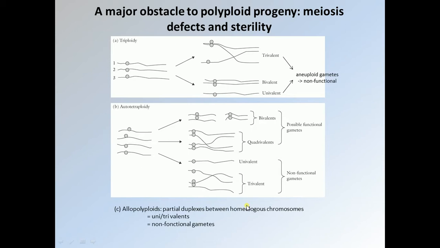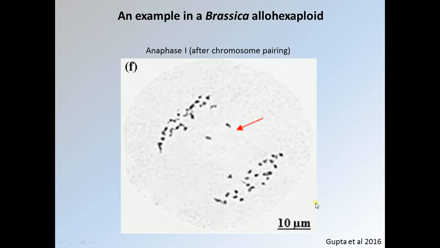The duplex between these homologous chromosomes won't be proper, and as I told you again, the pairing is sequence-based, and the pairing is very important for the segregation of the chromosomes. So again, if you have a problem in duplexing the chromosomes, you have the risk to get uni- or trivalents, and you will have again random segregation of the chromosomes, leading again to aneuploid gametes.